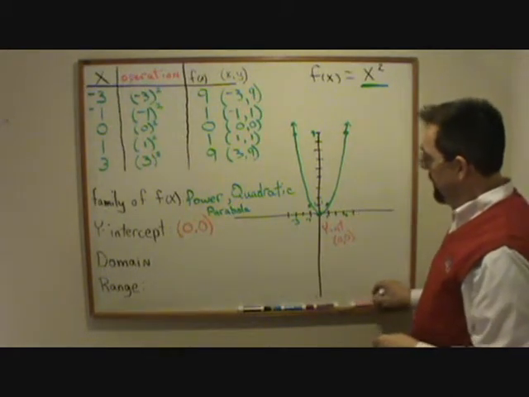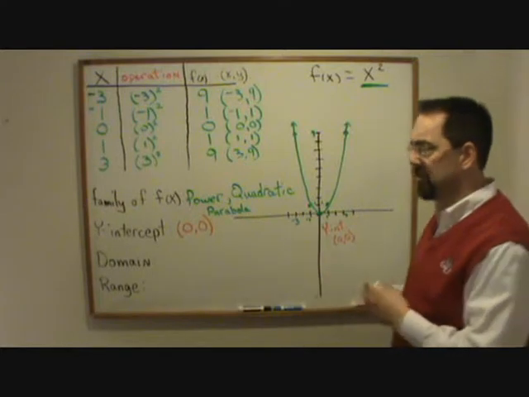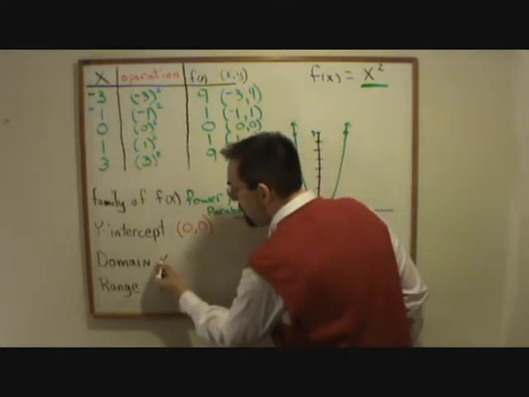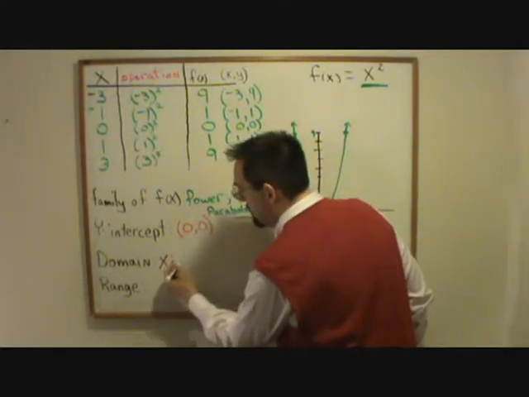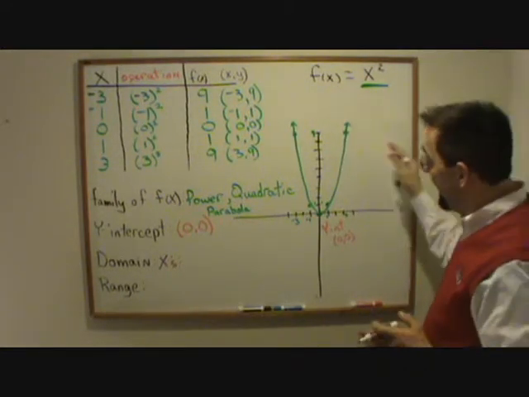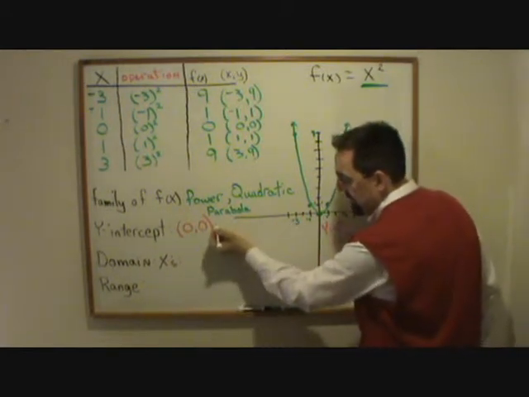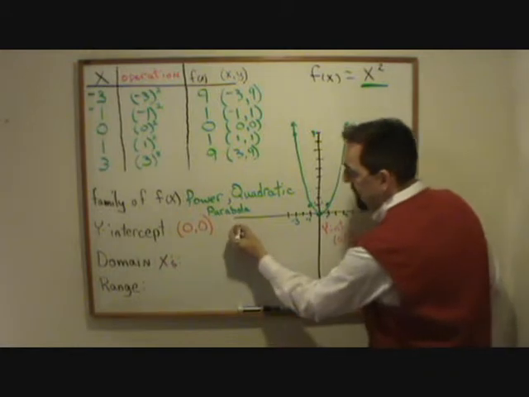Okay, now let's talk about domain. The domain refers to all the possible x values that satisfy this function. What x's can we put in there? We're talking about the x's in the negative direction, the x's in the positive direction.